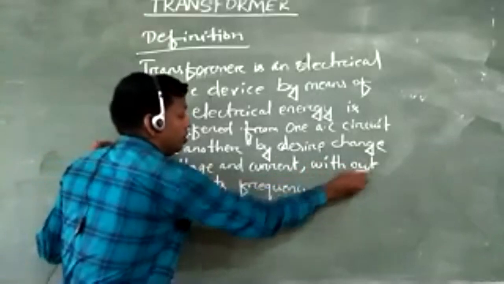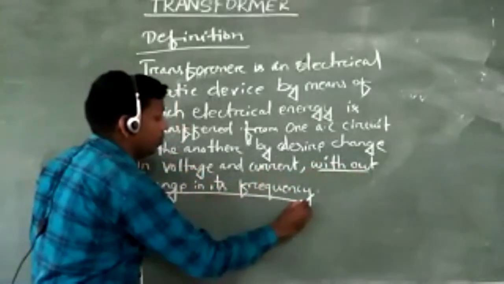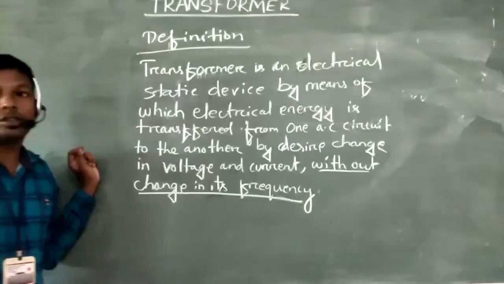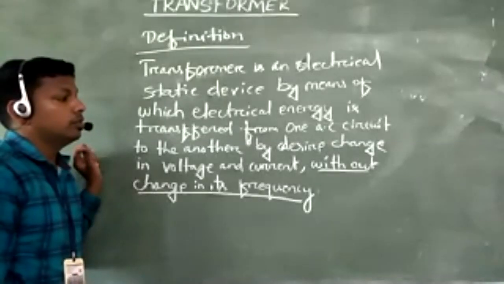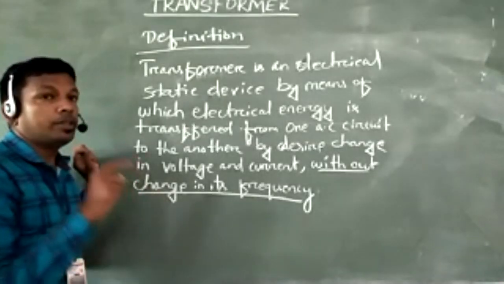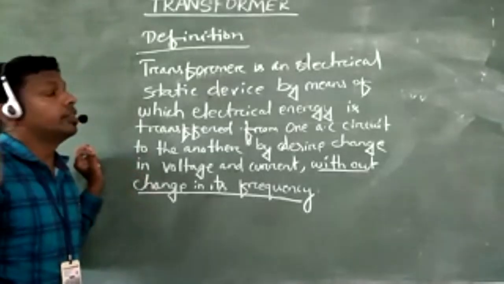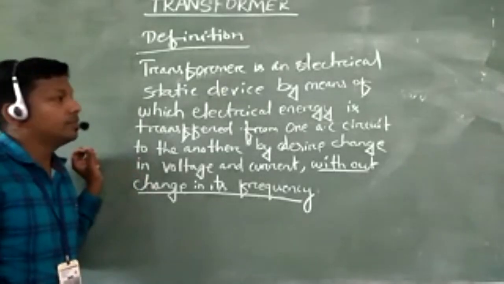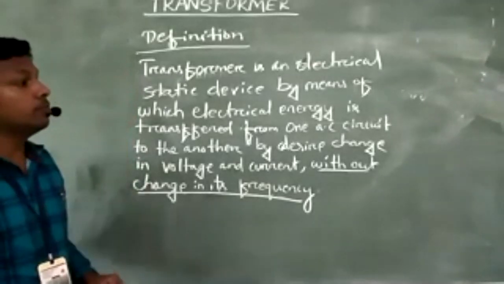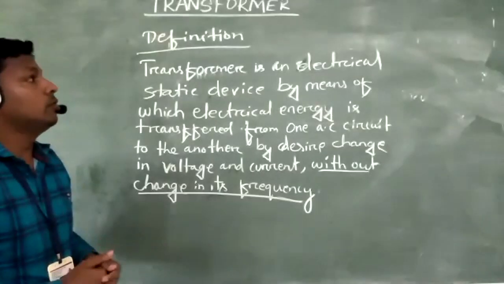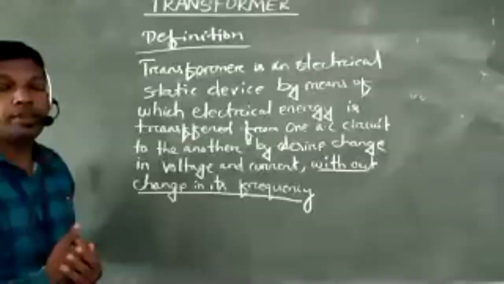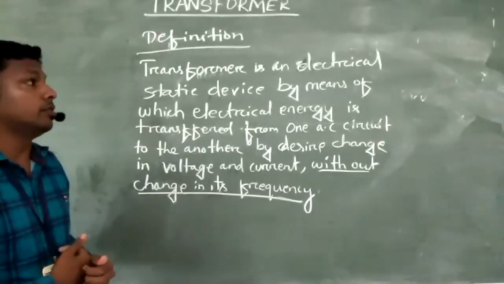And one more thing is that frequency remains constant. Whatever the supply frequency available, the same frequency will be transferred at the output. So this is the proper definition of a transformer.